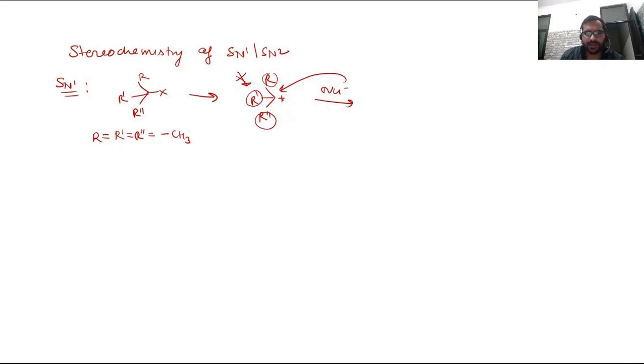That is why it will attack only from the front side. So we will have R, R dash, R double dash, and the nucleophile. From here we can see that the nucleophile is attacking from the front side, on the same side to which the X group was attached.